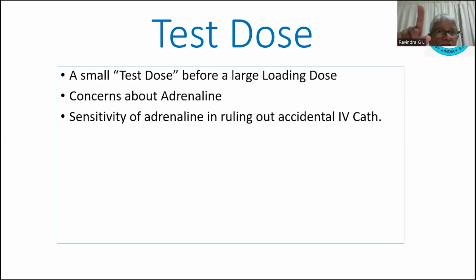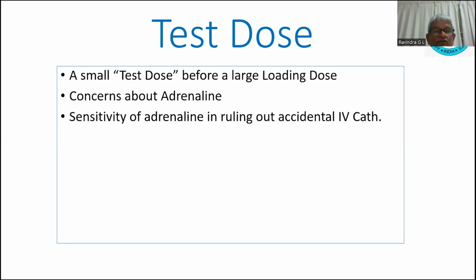Now, supposing you are giving a test dose and the patient develops a contraction, and the heart rate goes up to 140. Now, you are in doubt whether it is because of the adrenaline that you have given, maybe intrathecally, or whether it is because of the contractions. So again, that is the sensitivity of adrenaline. Now, what is advocated is that you give the test dose if you want to give an adrenaline-containing test dose to rule out intravascular placement.